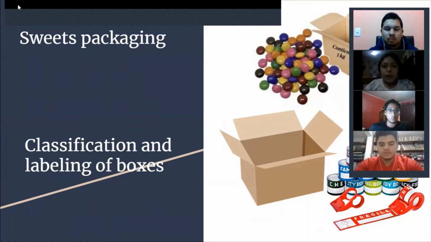Later, the candy packaging follows, where the candies are placed in containers and then deposited into the boxes.